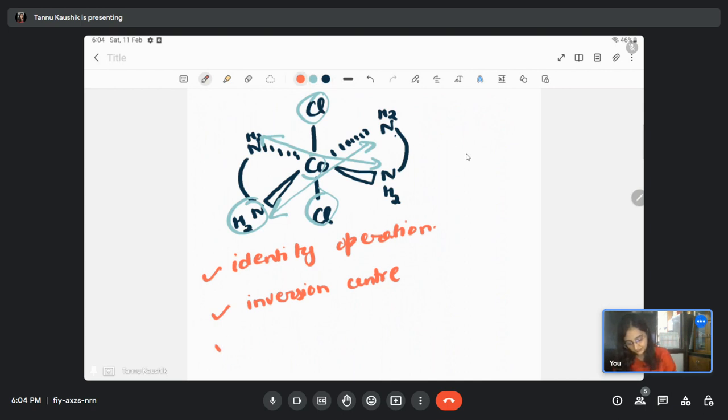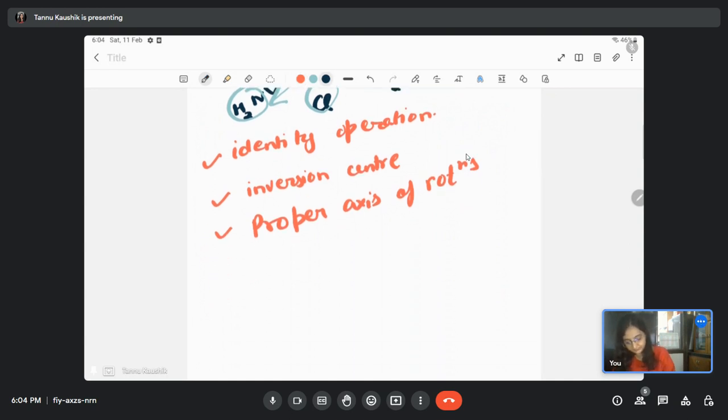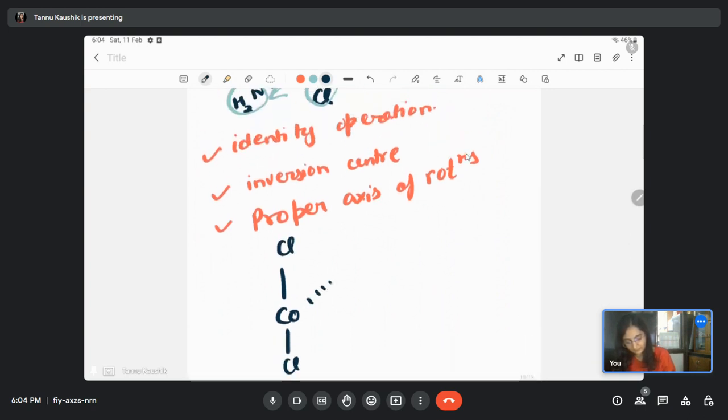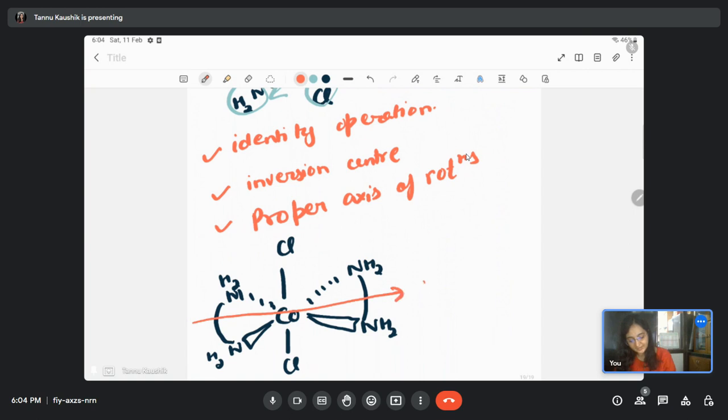If we perform this inversion operation, we have this inversion center present in this molecule, and we have proper axes of rotation also, which are one C2 axis like this, and one perpendicular to the plane of the board.